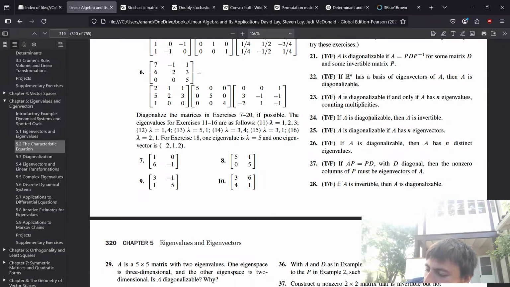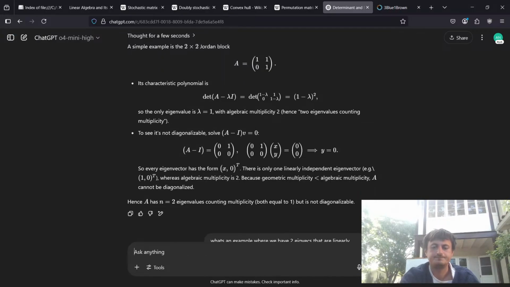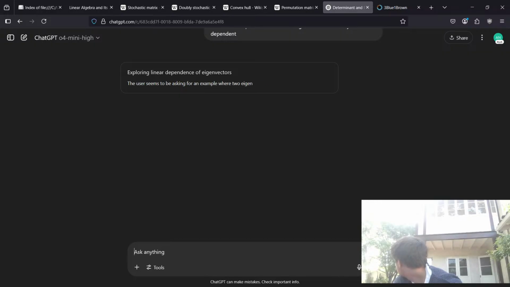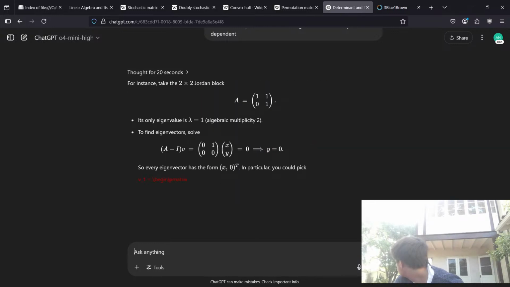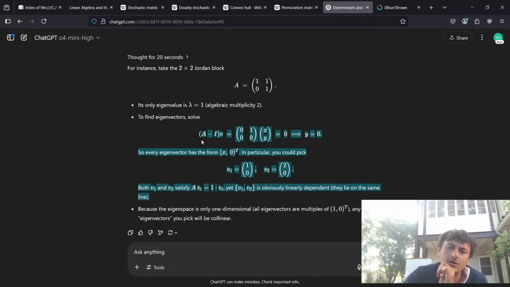25 is also false. They're just trying to trick you because it didn't say independent. But what's a case where we have... Wait, no, wait.